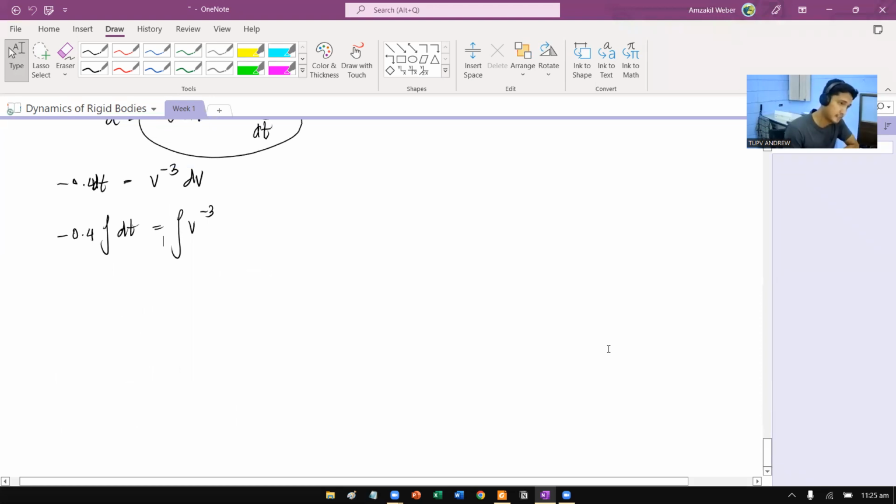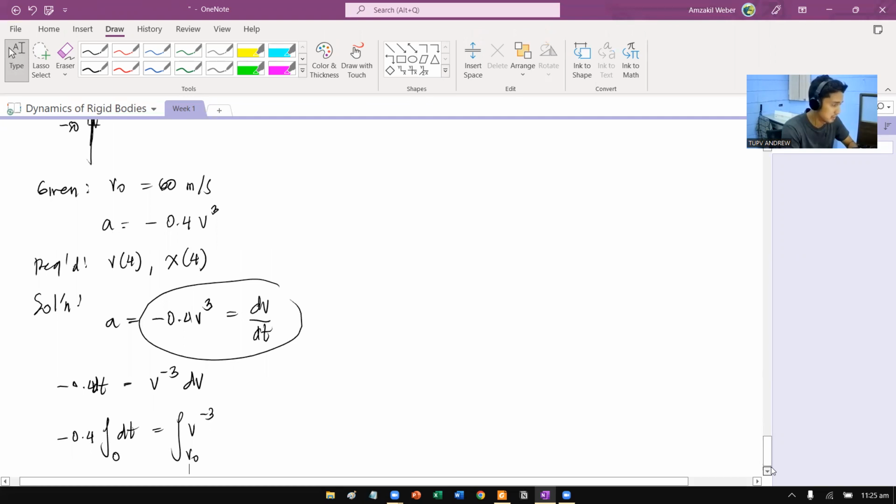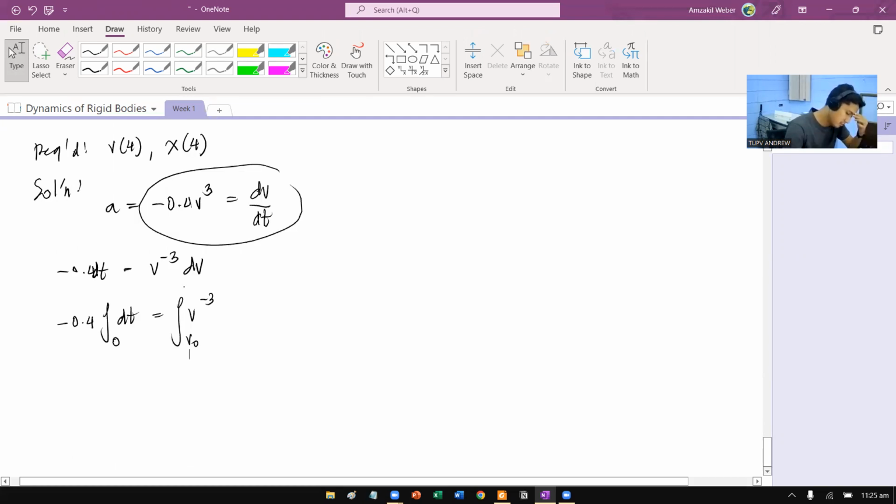Okay, so let's start with the limits. At time t0, the velocity is v0, the given, 60 meters per second, at time t equals 0. And at time t, we know that the time is 4 seconds, but we use the variables for now to manipulate.